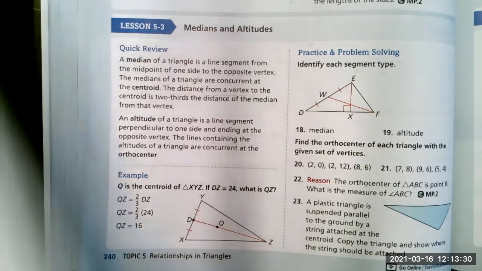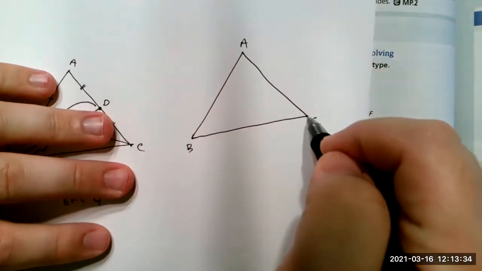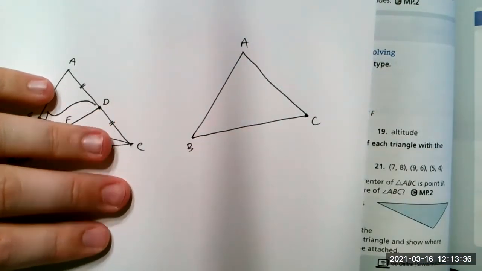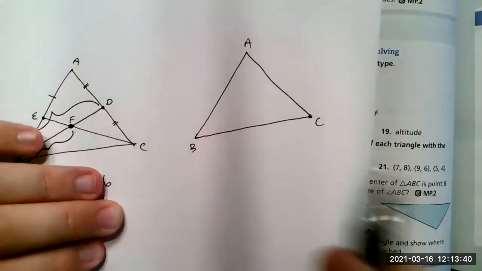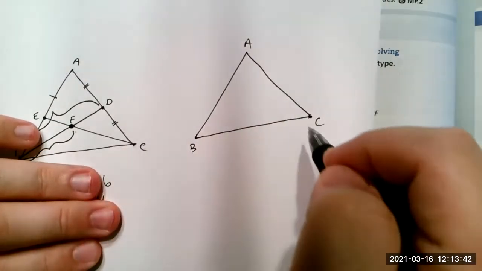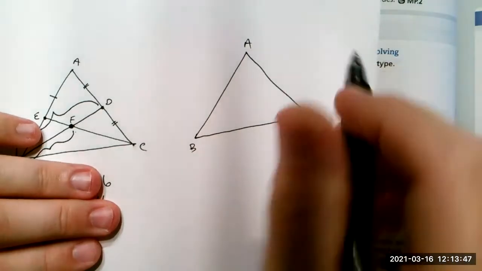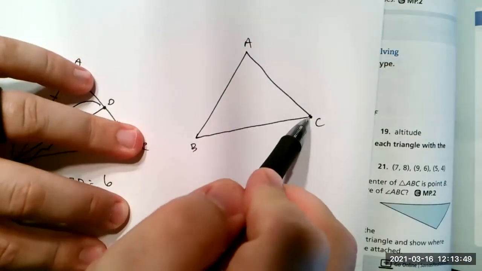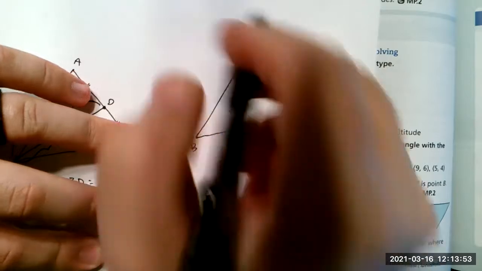So we would say with this picture, let's focus on my vertex C. So what we're referencing here, these altitudes are going to run from the opposite side to the opposite vertex. So in this case, it would look something like this.